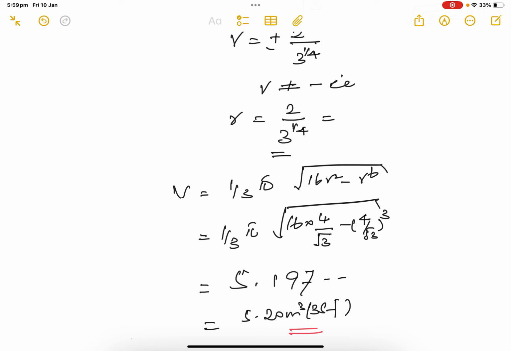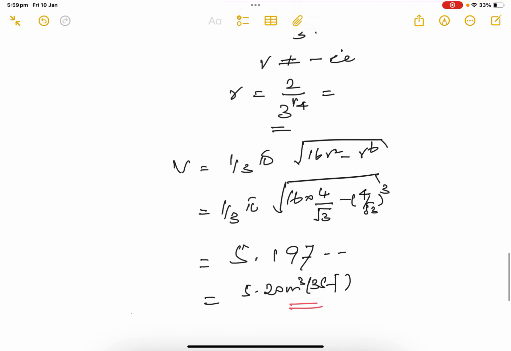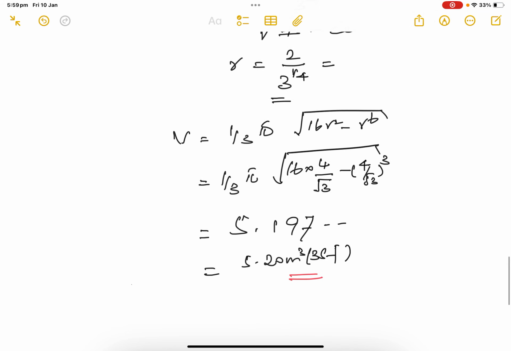That's it. Let's put in the values. With this value, we need to find V. So all we have to do is V equals 1/3 pi times the square root of 16r squared minus r to the power 6. So we just substitute that r value here.